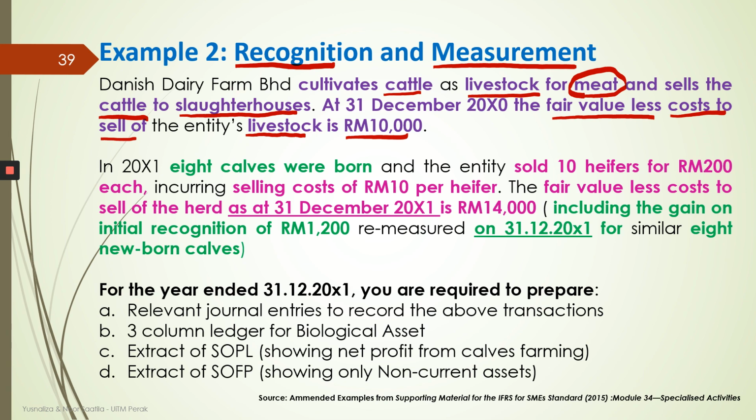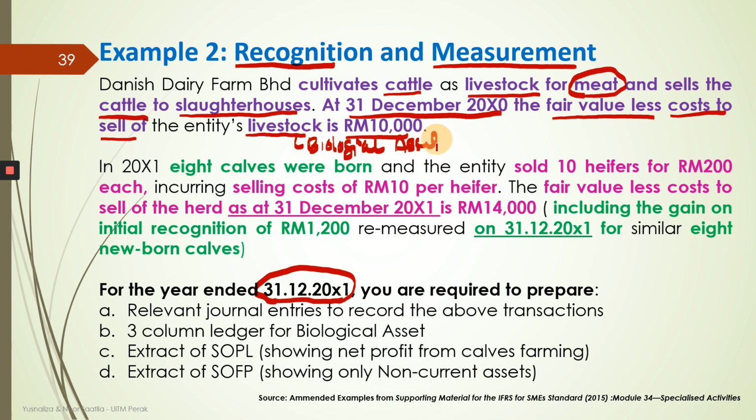Before we start reading more, if you look at the requirement given here, you are asked to do things for 31st of December 20x1. So the one given here is the figure from the previous period. This 10,000 is the fair value less cost to sell of the entity's livestock, and it will be shown in the biological asset.